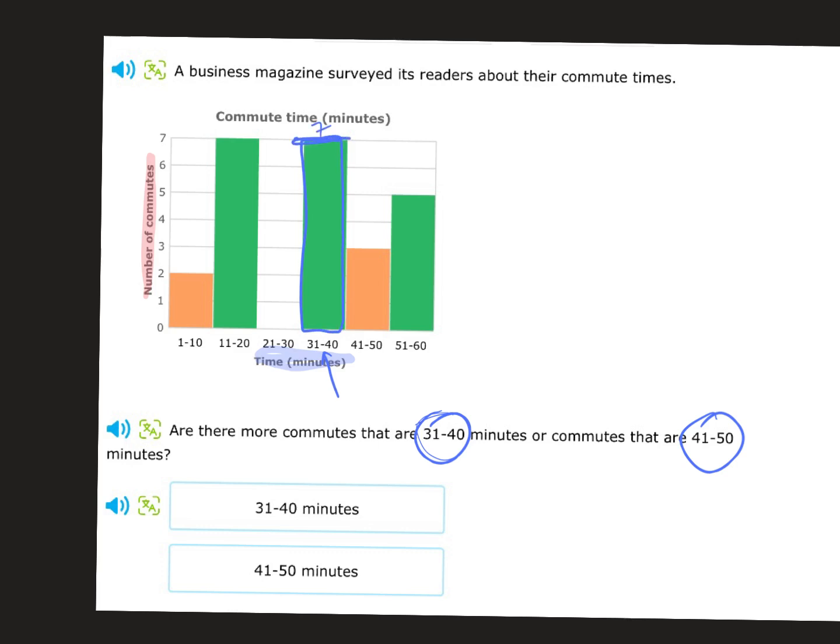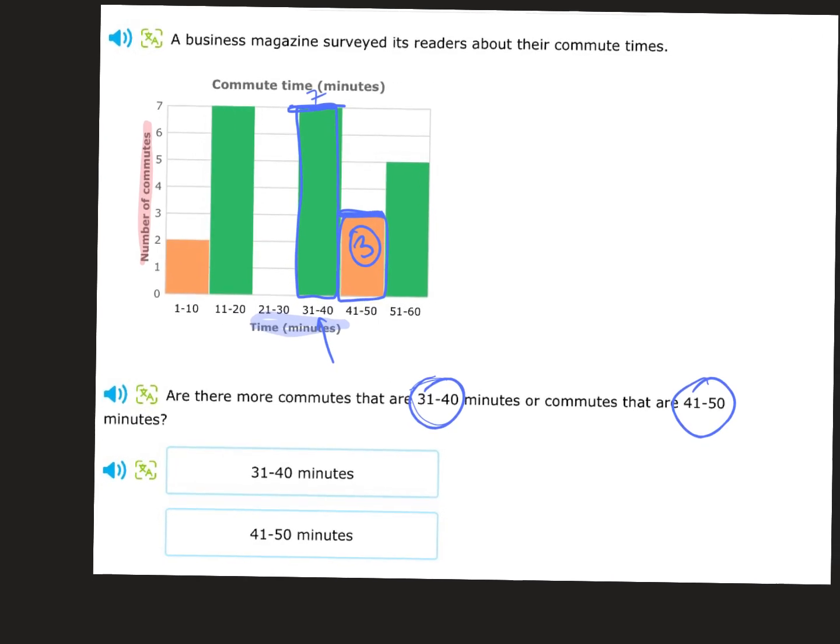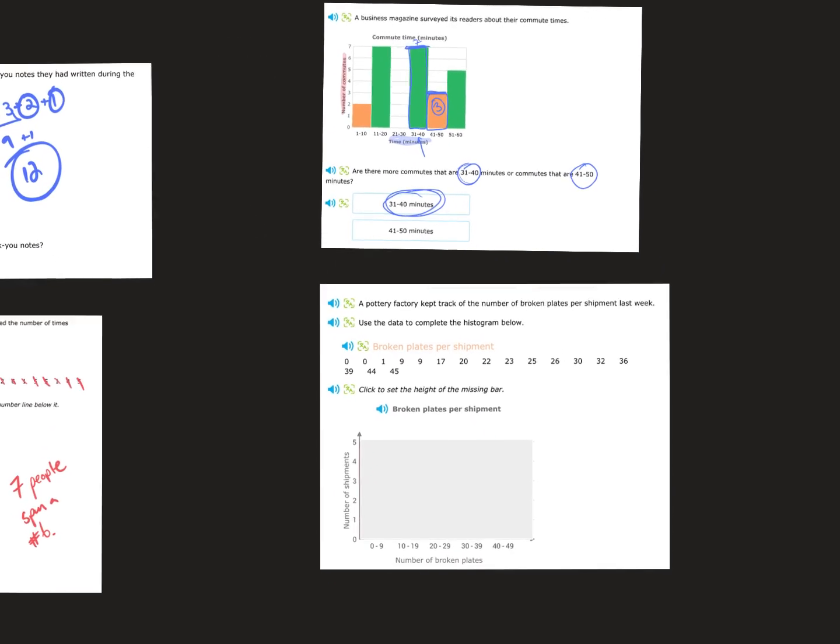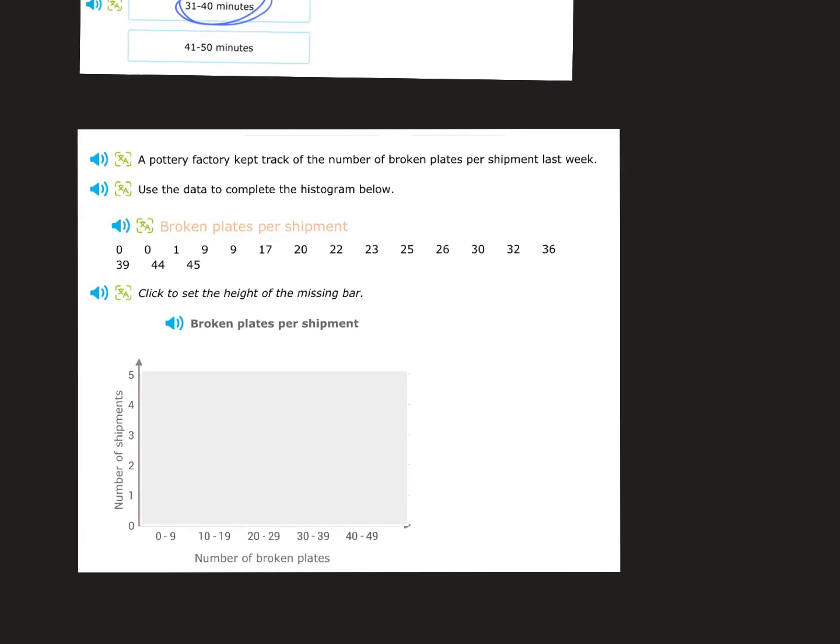And then 41 to 50, there's only 3 here, because we read off that top bar. So the more commutes would be the 31 to 40 minute time frame. That's a long time for a commute, and I do that every day.